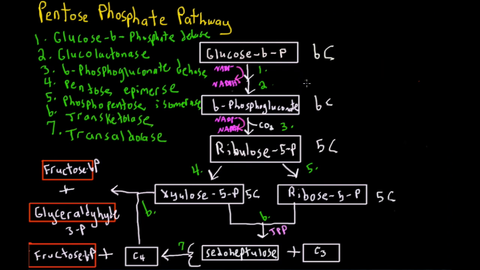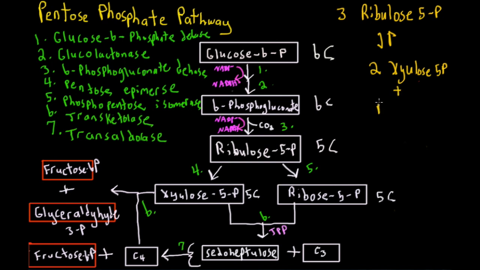So we can take this non-oxidative portion and we can put this into a summary as well. So for this non-oxidative portion, we're going to need 3 total ribuloses, ribulose 5-phosphate again. And we're going to need 3 of them so we can get our 3 different main products here. So we need 3 ribuloses, and we can bind these in different ways to get 2 xylulose 5-phosphate, and also 1 ribose 5-phosphate.